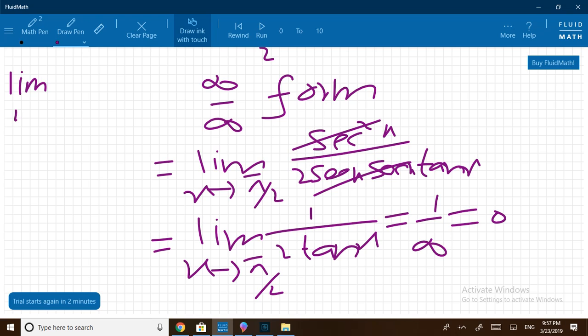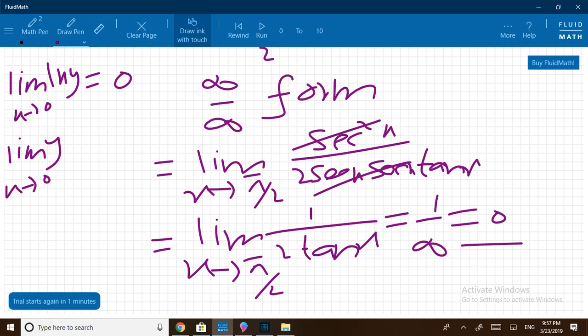The limit of natural log of y is equal to this 0. And the limit of y is equal to e raised to the power 0, which is equal to 1. So this is our answer.